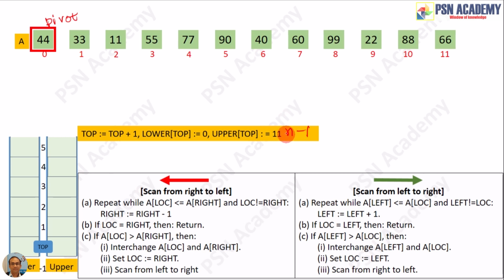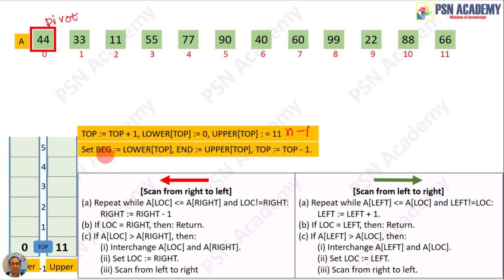In that case, use n-1. Okay. So our lower top, that means lower 0, will be set to 0 here, and upper top, that means upper 0, will be set to 11. Okay. So this is a one-time business. After that, the loop will be running for placing the other elements in their proper places. That time, this pseudocode will not be required.